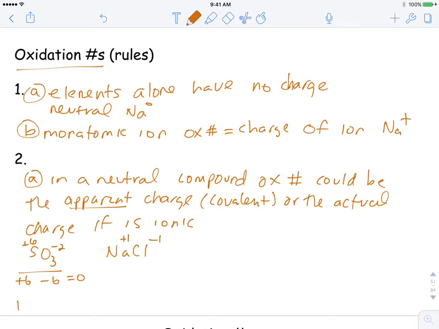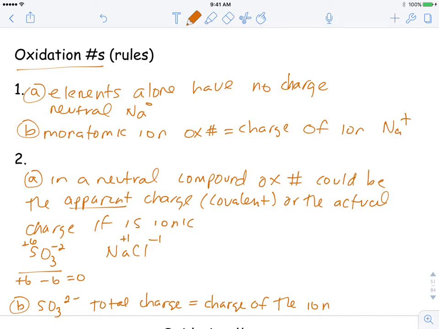Now, what happens if I have a polyatomic ion? What happens if I have something like SO3 2-? Well, now we have this polyatomic ion. It's still covalently bonded, though, so it's still apparent charges. But now the total charge is equal to the charge of the ion.